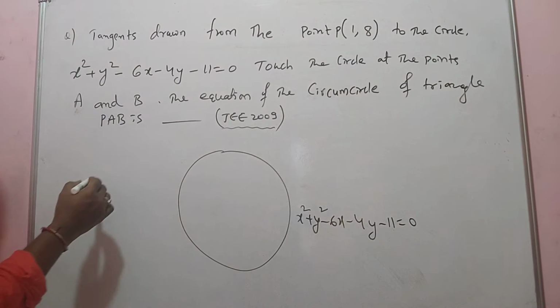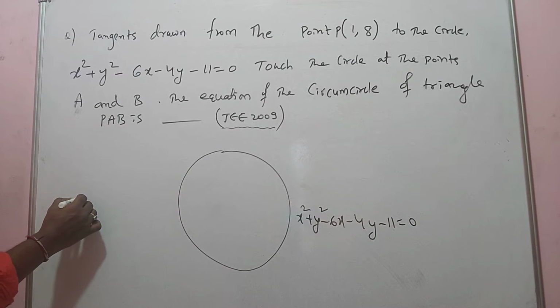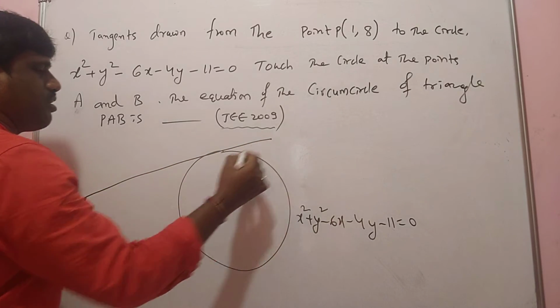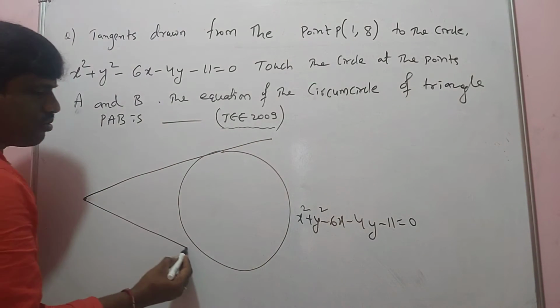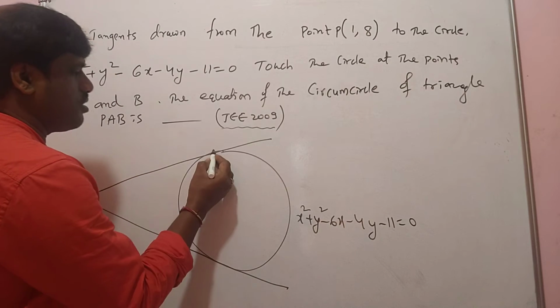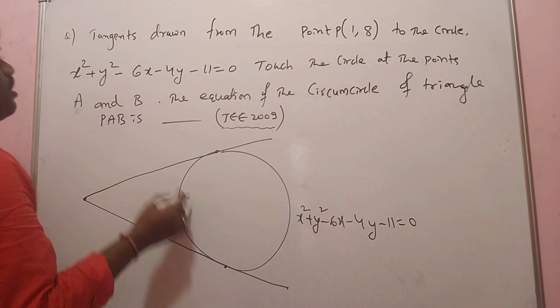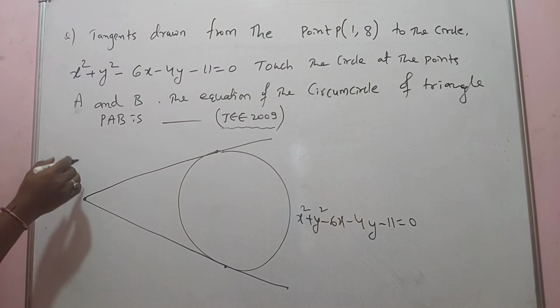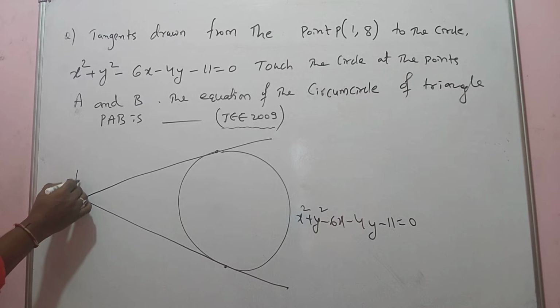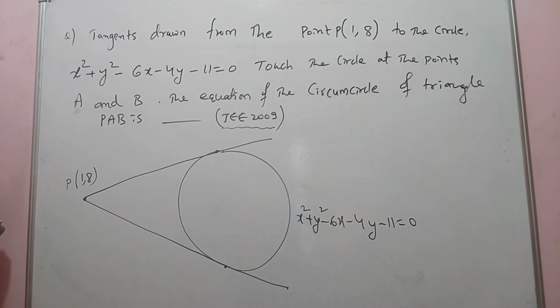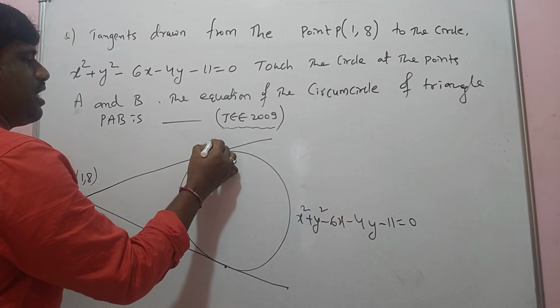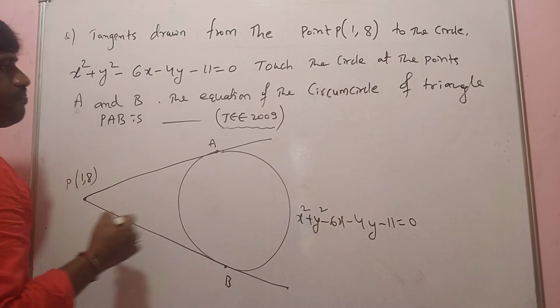Now he is saying that tangents are drawn from an outer point, the external point P(1, 8), to the circle, and they touch the circle at points A and B.